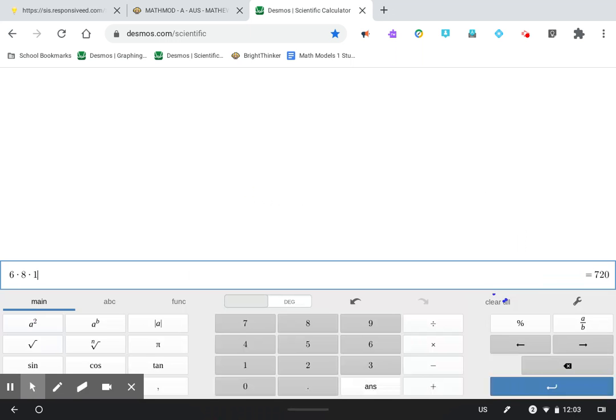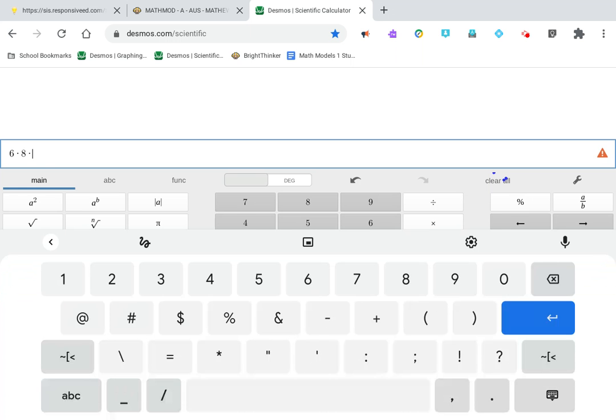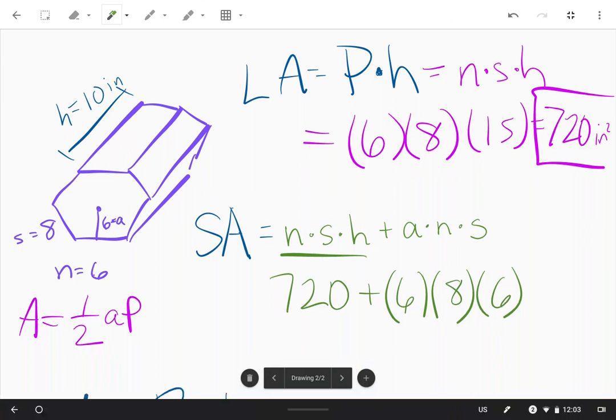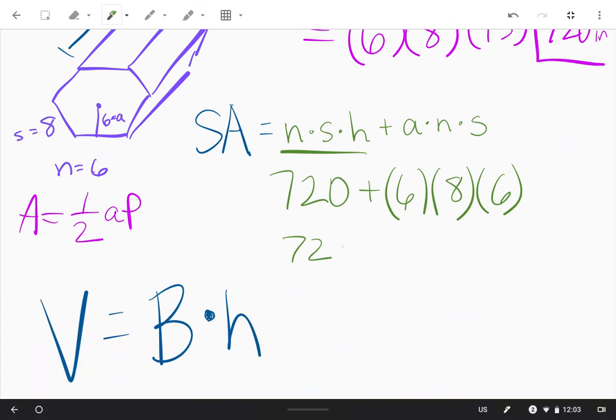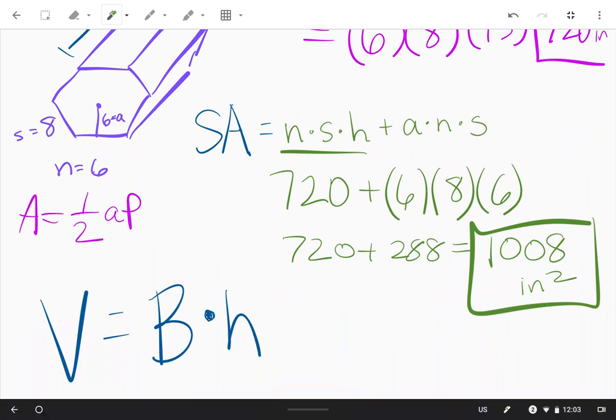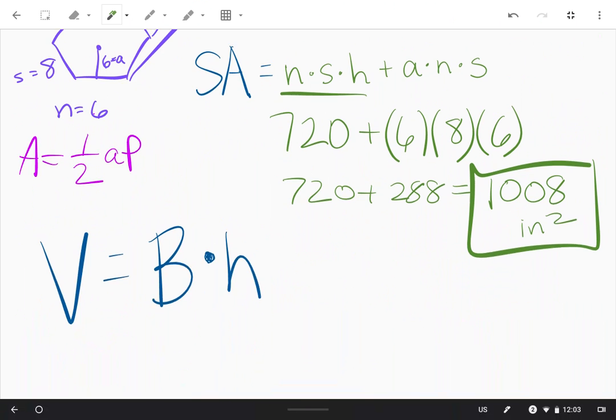Let's go ahead and just backspace there and do a 6. 6 times 8 times 6 is 288. So it's going to be 720 plus 288. So that's going to be 1,008 inches squared. That's the total surface area.